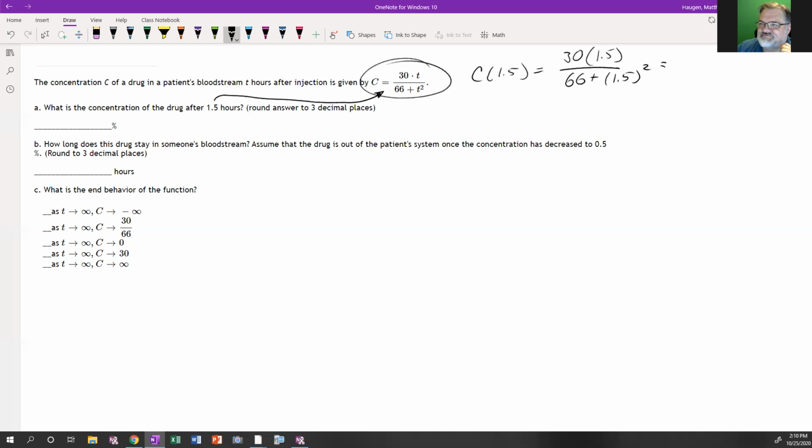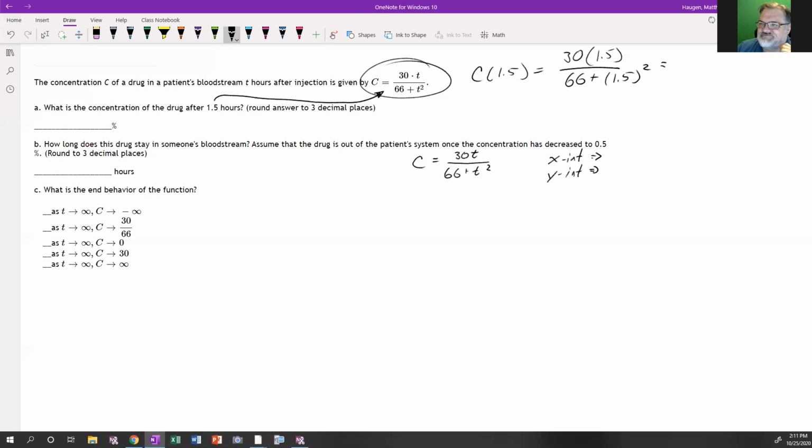Well, most of this section has to do with knowing how these functions behave. So if we look at this rational function, 66 plus t squared, we should be able to determine any x-intercepts, any y-intercepts.